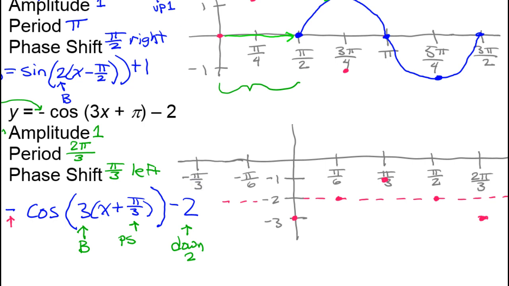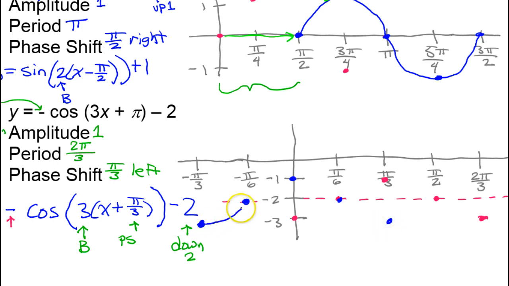So this is going to be relatively easy because all I have to do is move each one of these to the left by 2 jumps. So this point, if I move it over to the left 2 positions, should be here. Now really I can just go ahead and follow the cosine pattern now. So if I'm going low, then it's going to go back to the midline, and then it's going to be at its highest point, and then it's going to go back to the midline, and then it will be at its lowest point again.